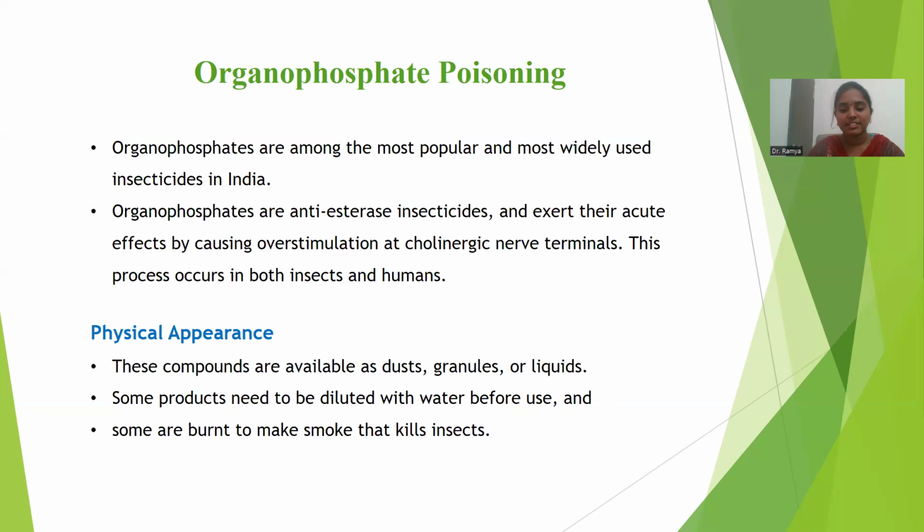By inhibiting acetylcholinesterase, there will be more accumulation of acetylcholine, so that it shows muscarinic and nicotinic effects. In mechanism of action, we will see in detail about this organophosphate poisoning. This poisoning is not only for insects, this is also for humans, because these organophosphates are used as insecticides.